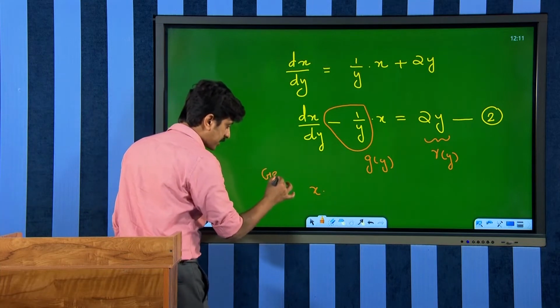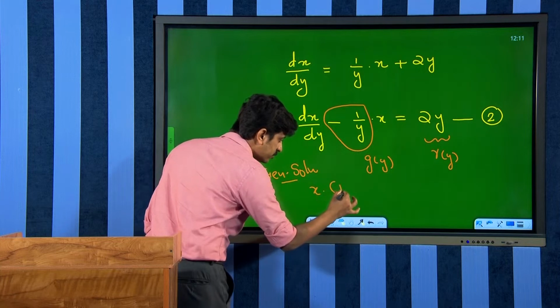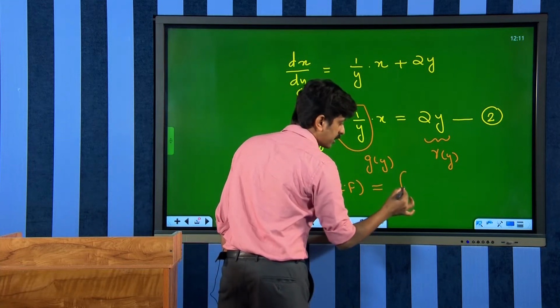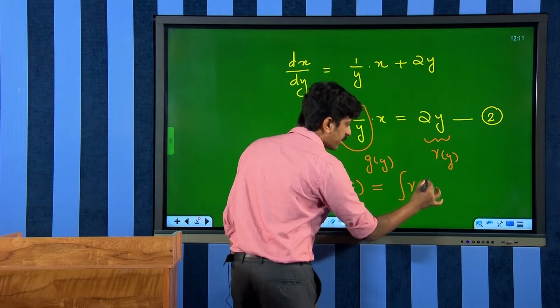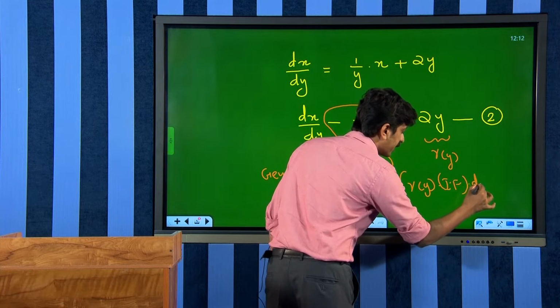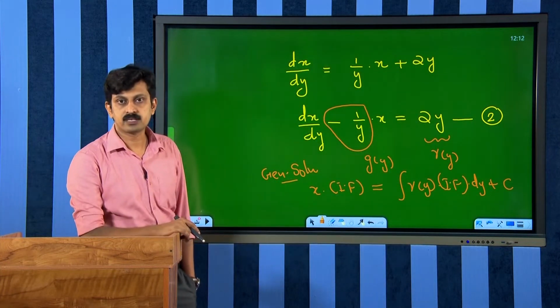We can find the general solution by using the formula: x into integrating factor is equal to integral of r of y into integrating factor into dy plus the constant of integration.